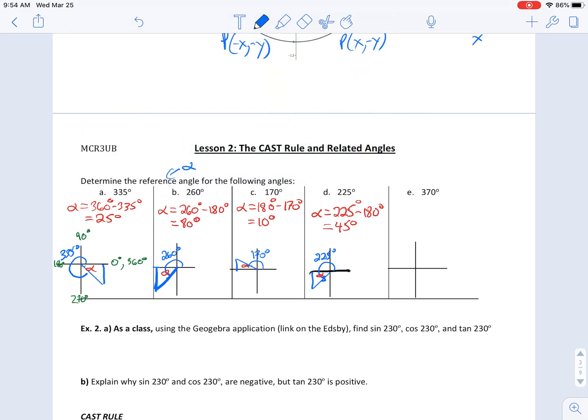And then the last one's a bit trickier. It's 370. So that means I'm wrapping around, doing one full rotation, and then going a little bit extra beyond. This one we're going to talk about more in the next class, but oops, that should be 370.